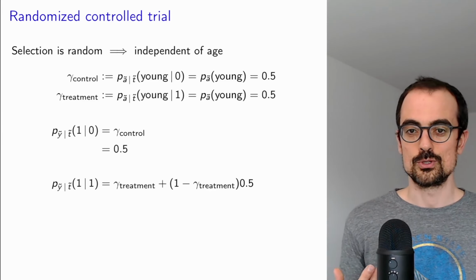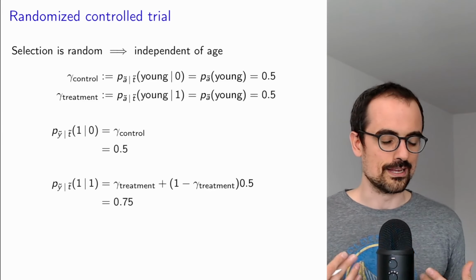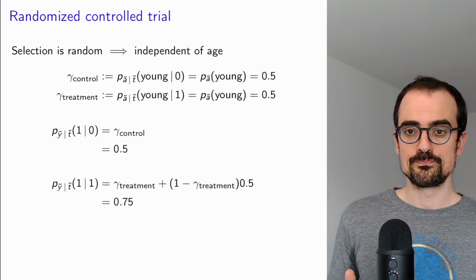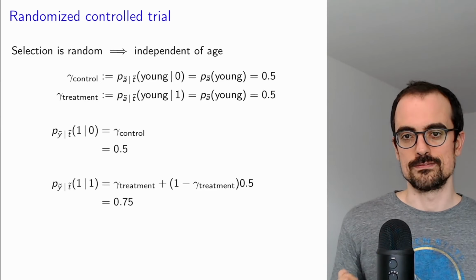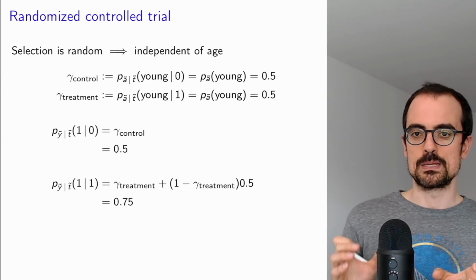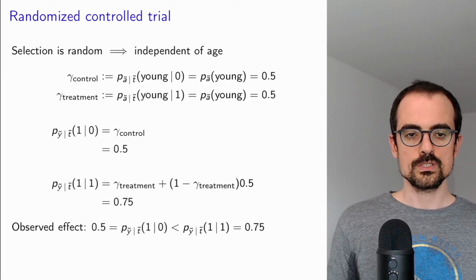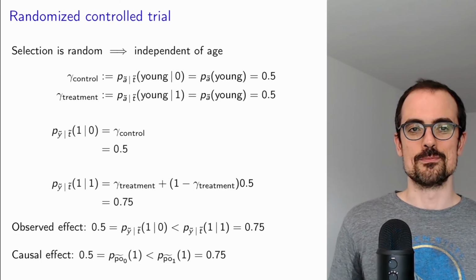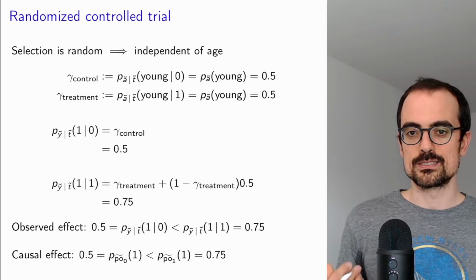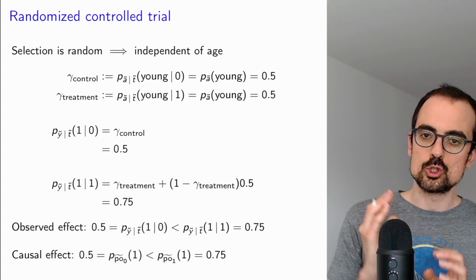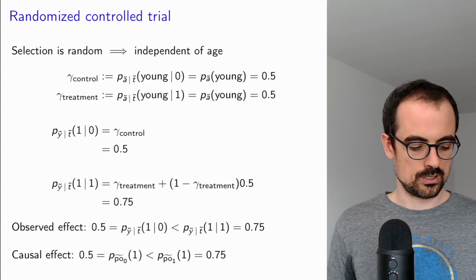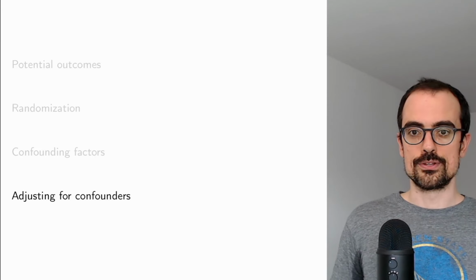Same thing for the treatment group. We're going to see the true effect because we have half young people and half old people in the treatment group. So that's how randomization enables us to see the causal effect and automatically controls for the confounder.